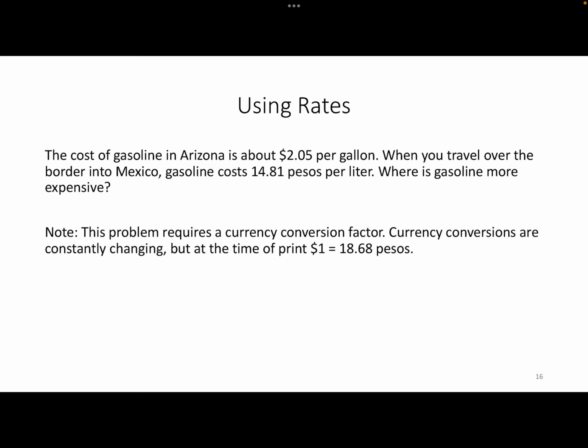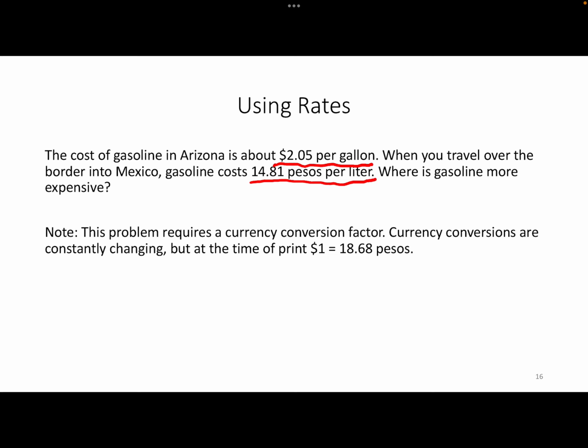The cost of gasoline in Arizona is about $2.05 per gallon. When you travel over the border into Mexico, gasoline costs 14.81 pesos per liter. Those are different units and different rates, right?